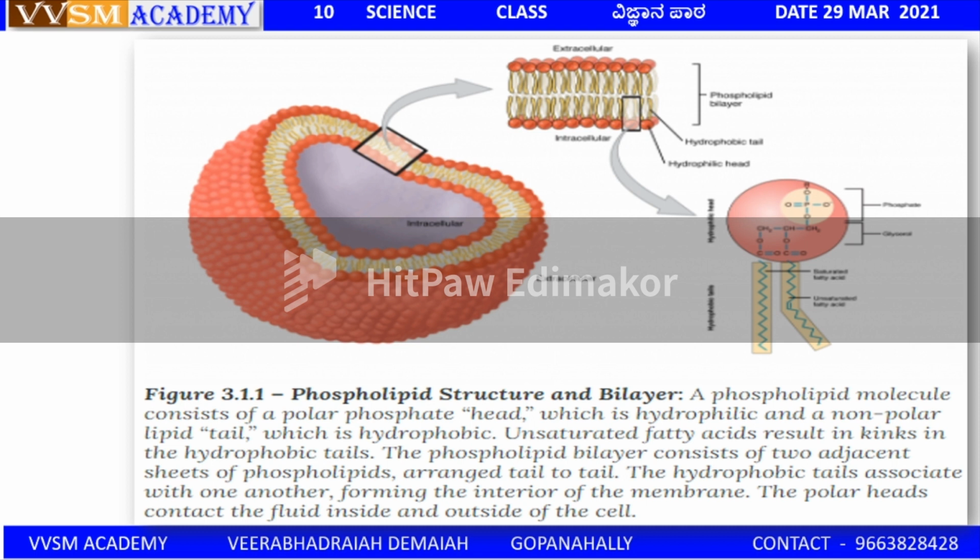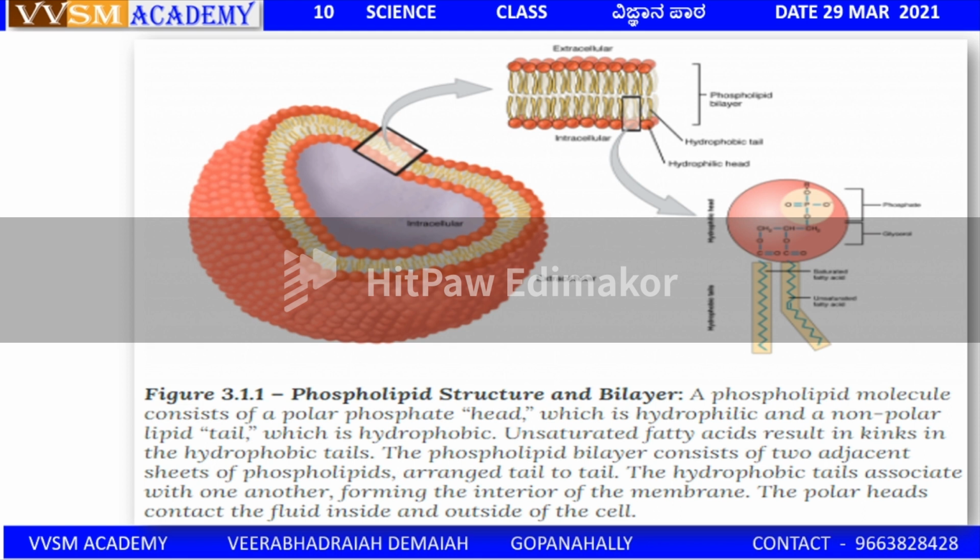Bi means two layers. A phospholipid molecule consists of a polar phosphate head, which is hydrophilic, and a non-polar lipid called a tail. The tail is hydrophobic.